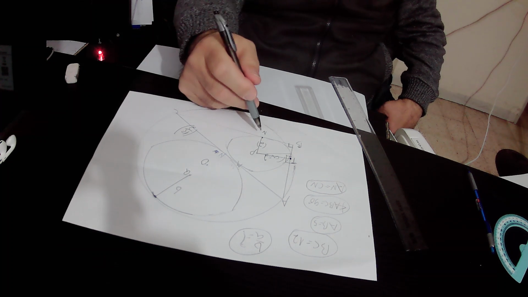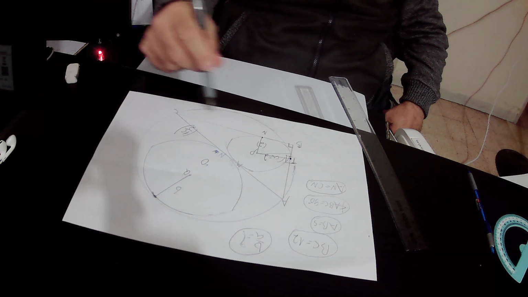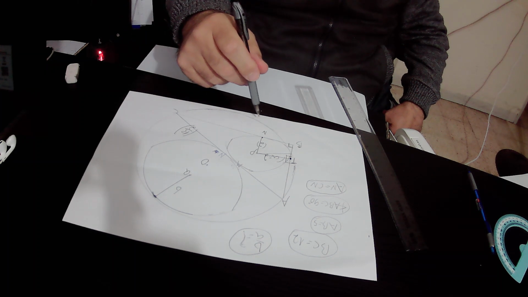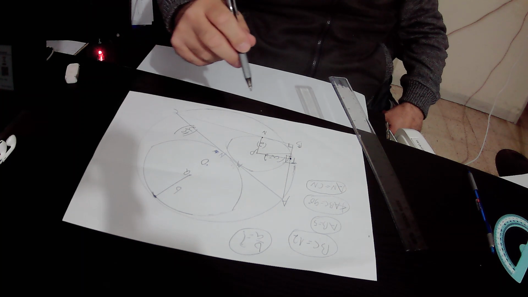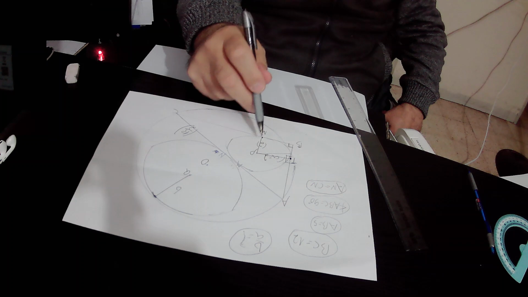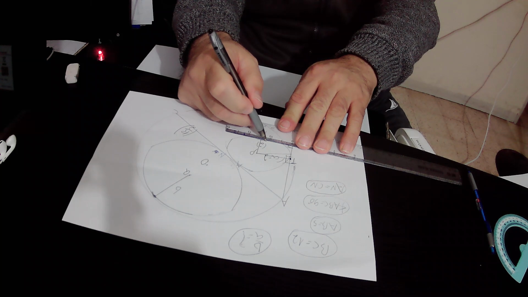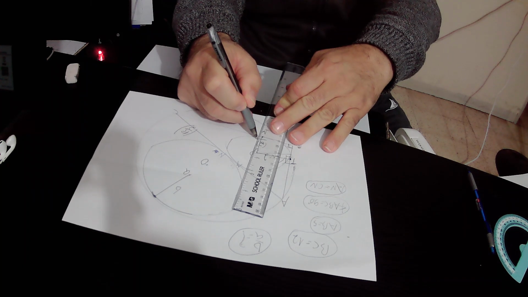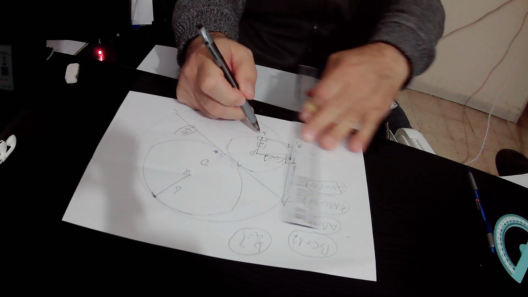And whenever you have a radius that is drawn to the point of tangency, then tangent BC will be perpendicular to the radius NP. If BC is perpendicular to NP, it means that this angle equals 90 degrees, and this angle also equals 90 degrees.